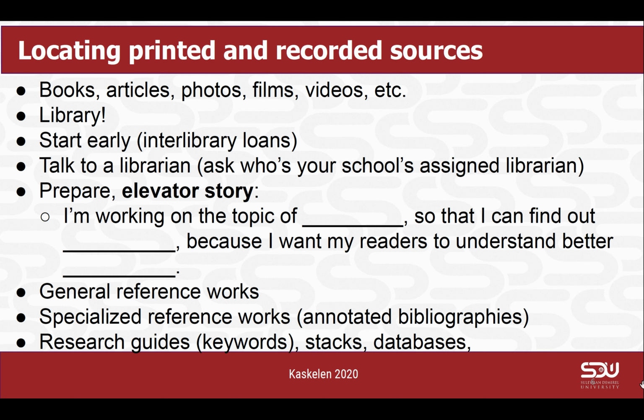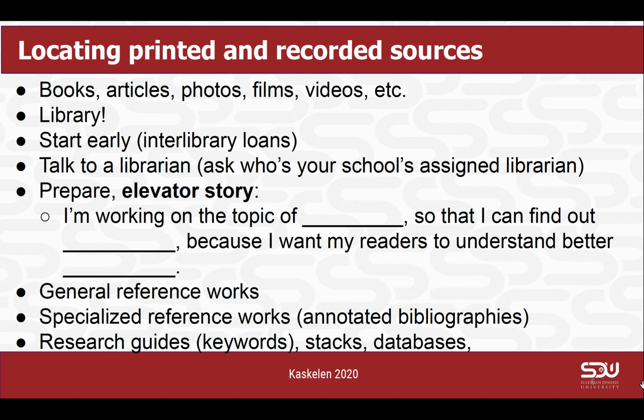Okay. Another advice when searching the library for printed and recorded sources is to begin with general reference works. Stuff like encyclopedias, handbooks, discipline-specific general references. Okay, those are typically available either in electronic or printed form. So it's always a good idea to begin with those.